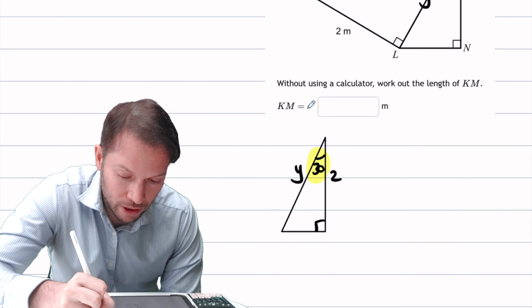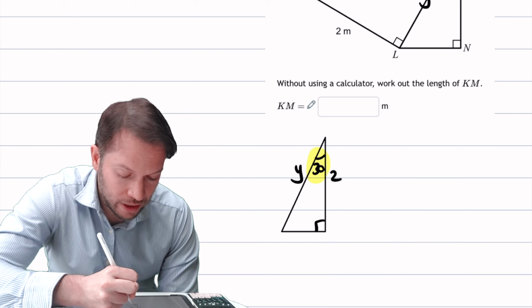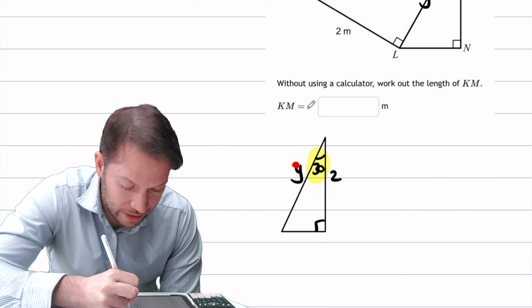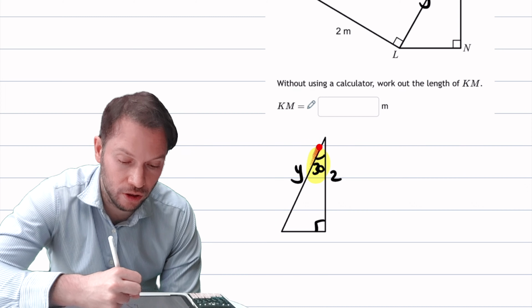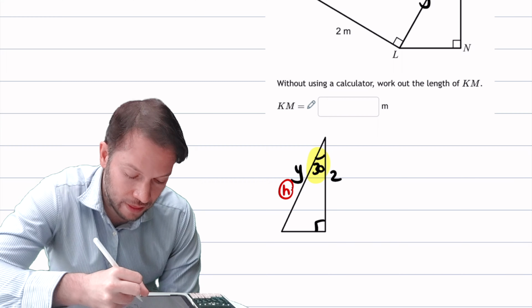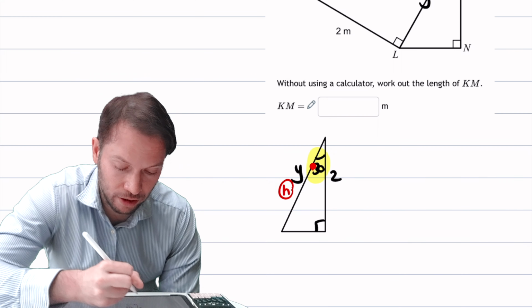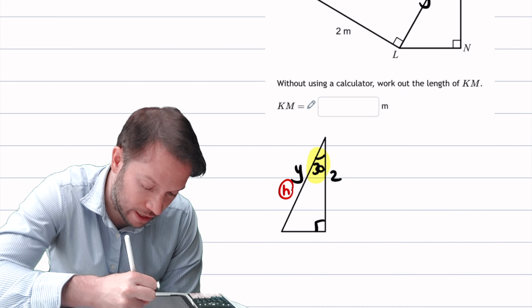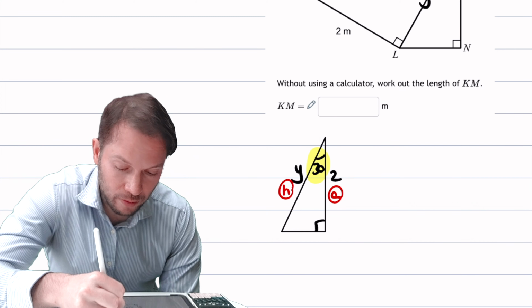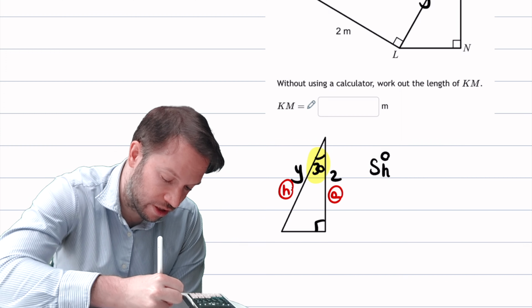We label these sides where we know the side lengths, so it's y and 2. So this side here is the hypotenuse of the triangle. It's the longest side, so I label it as h for hypotenuse. And this side here is adjacent to, next to that angle of interest, so we label it as a for adjacent. And then remember, we use SOHCAHTOA to work out what trigonometric ratio to use.